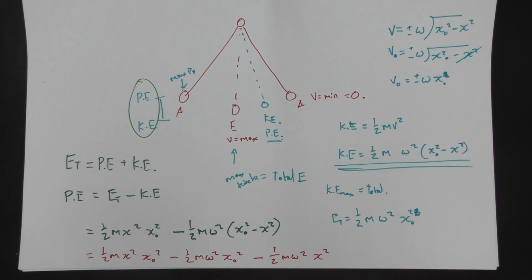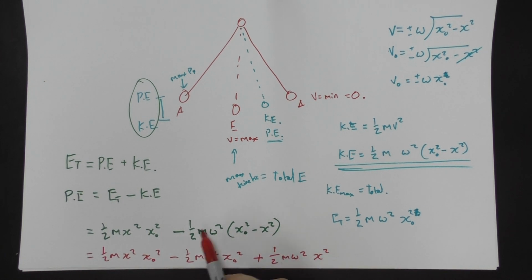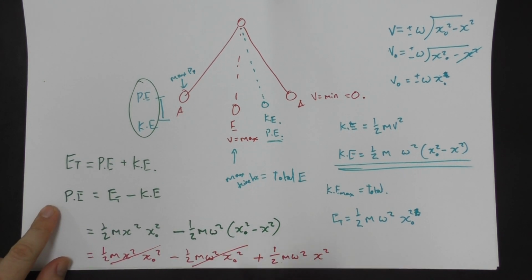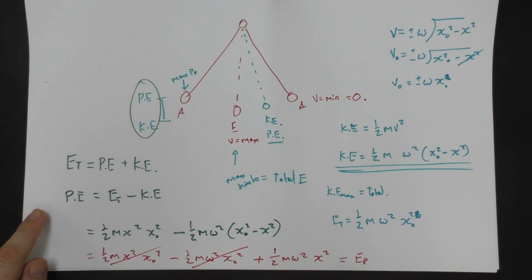Well, if you look very carefully at this, what do you end up with? We've got this, apologies, this should be plus because it's minus the minus, so you get a plus when you put those two together. This minus this, well, those cancel, and that equals the potential energy.